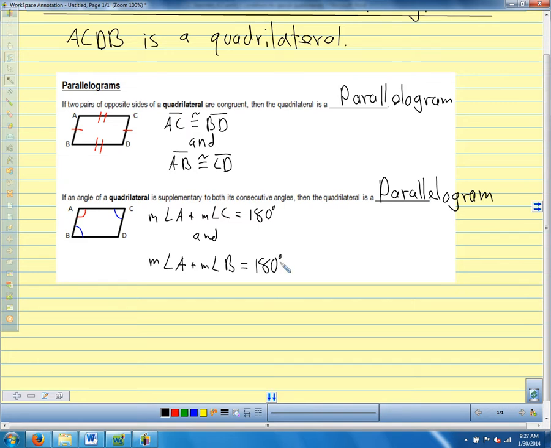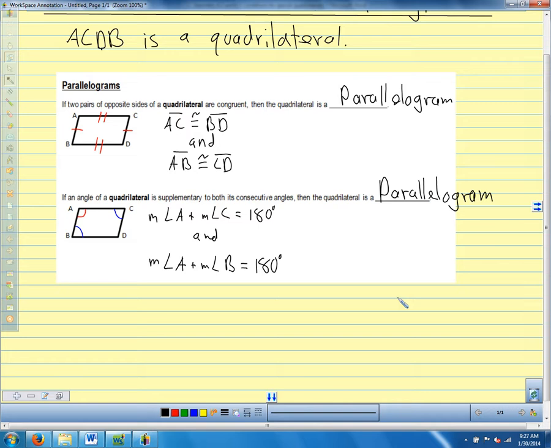So if we know that that's true about two pairs of consecutive angles, that guarantees us that our quadrilateral is a parallelogram. So kind of just another way, a shortcut, just like our angle, side, to figure out if we have a parallelogram. Questions on those two?